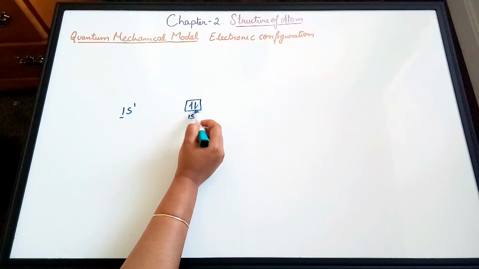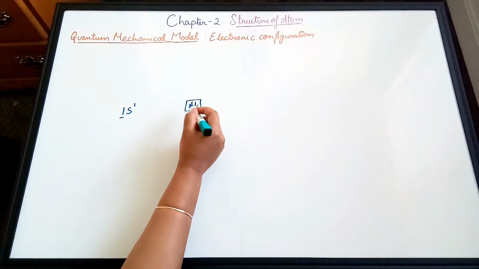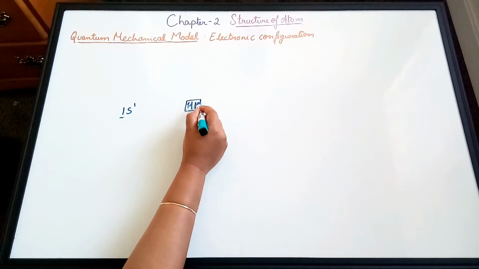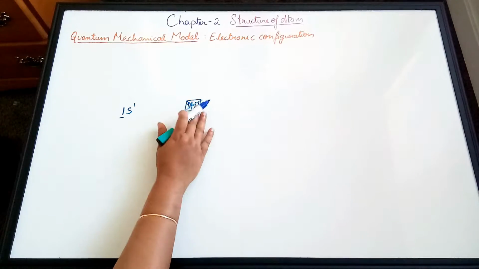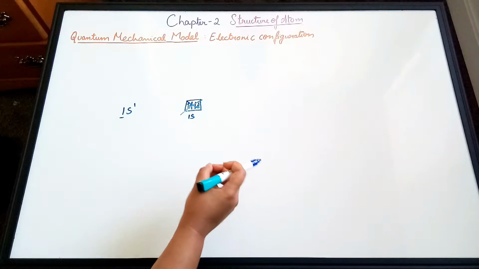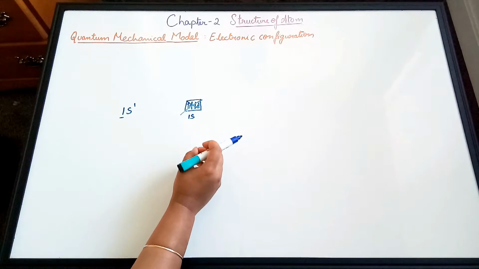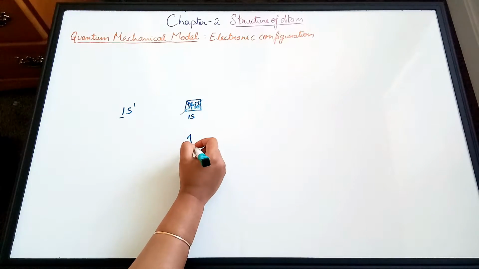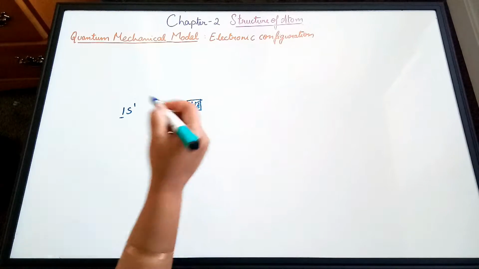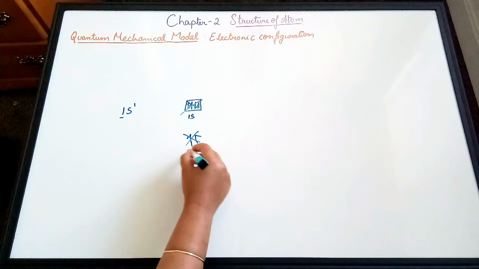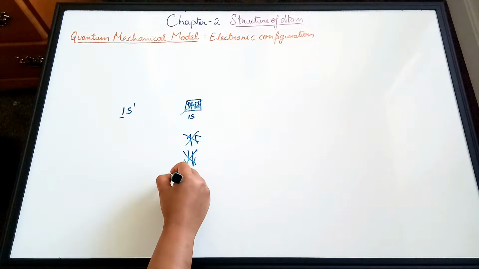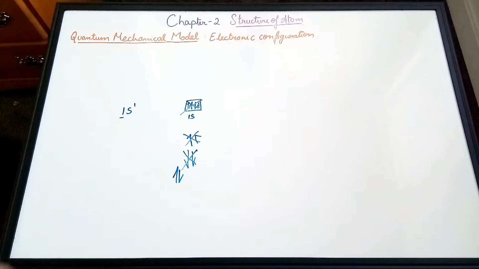So this orbital is full. We need to have only 2 electrons in an orbital, and not only that, they both should have the opposite spin. So these representations are wrong. One will be upwards and the other will be downwards.